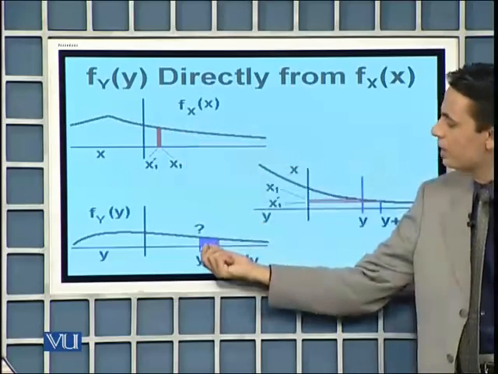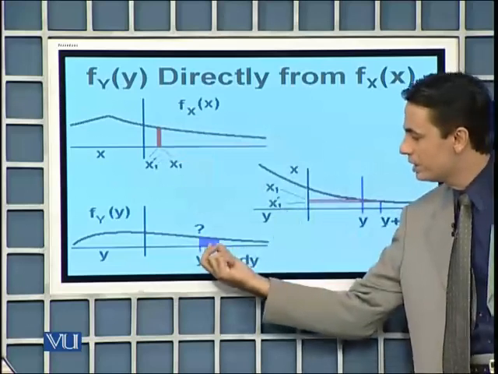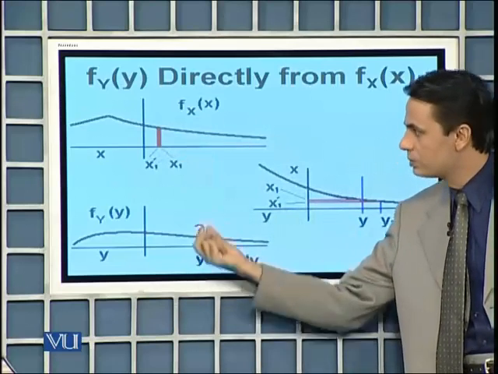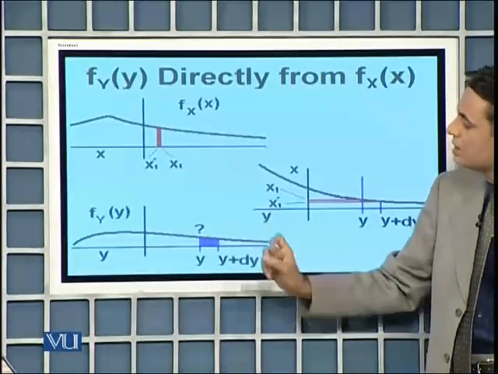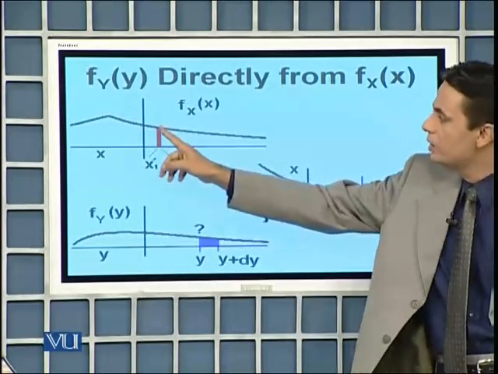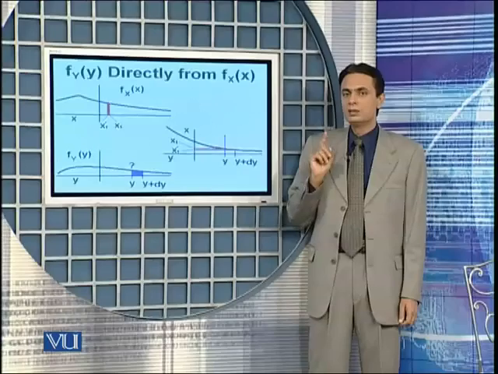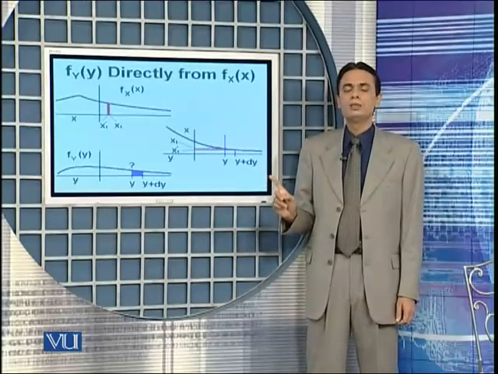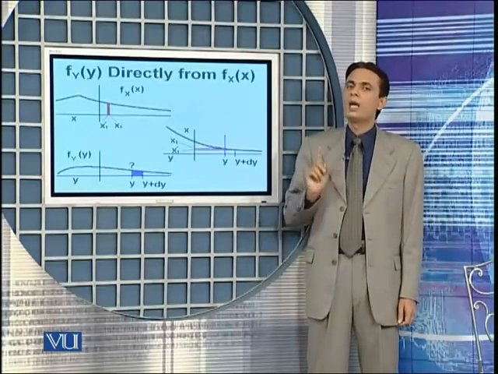So if these 2 points are close, these 2 points are also close. And important thing is that this interval is small, this interval is small, and we can assume that during this interval the PDF of y does not change much, and during this interval the PDF of x does not change much. This is a very important assumption which we are going to rely upon heavily.